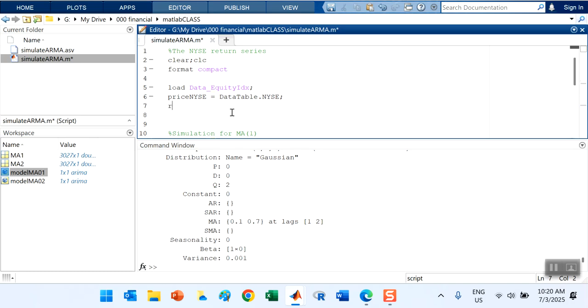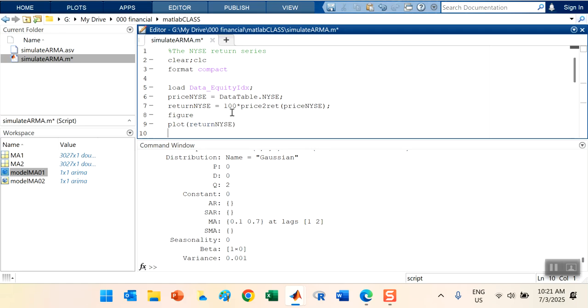So another series is the Nasdaq. Okay, Nasdaq. So for the return for NYSE, if you use the percentage, then we just multiply by 100. Right? Price to returns. This is a function that converts the price to return. Then of course we are changing the price of NYSE to return NYSE. Then you can just plot the graph for the return NYSE.